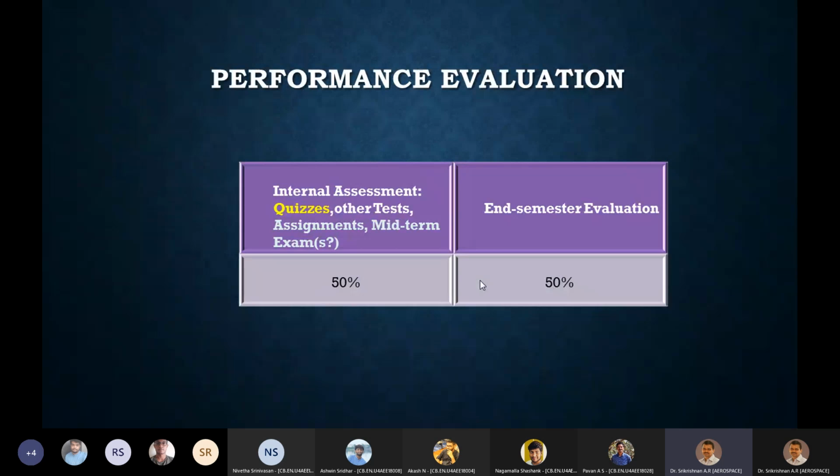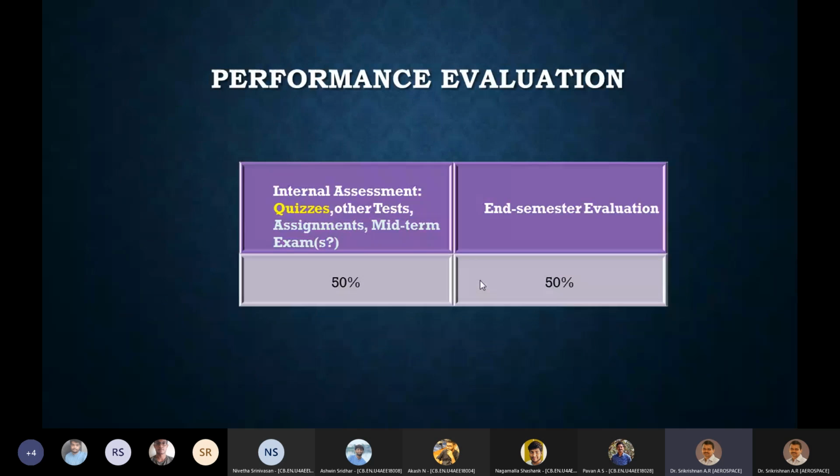Some of you told me this morning, who attended everything in this course. Otherwise, I was under the impression of P1, P2, but apparently there is an announcement which I am yet to see. Once that is formalized, or once we get that information, I will confirm this. So if so, there is going to be a midterm exam plus other constituent components like quizzes, assignments, etc., which will make the 50%. And the next 50% will be end semester evaluation.